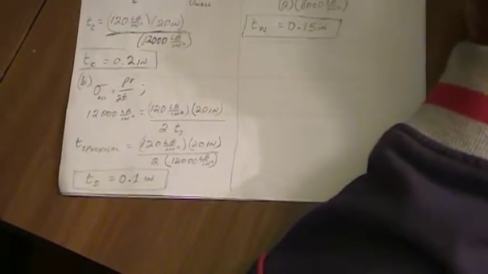By manipulating the same equation, we've already been given the stress to be 12 ksi, and the pressure to be 120 psi, and R is the same, which is 20 inches.